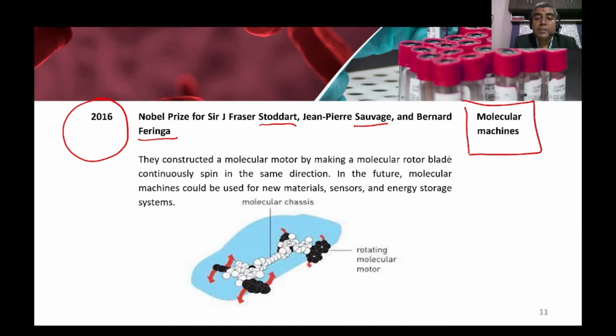And this molecular machine could be used for new materials, sensors, and energy storage systems. We can see here in the image, this is a molecular chassis, and these four rotating molecular motors. So it's just like a molecular machine, just like a car.